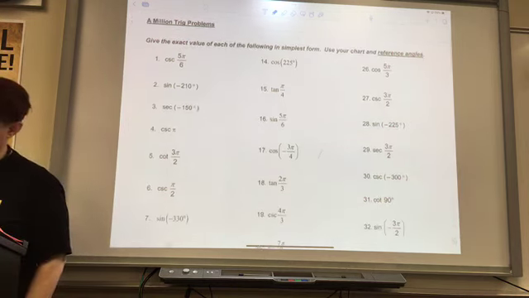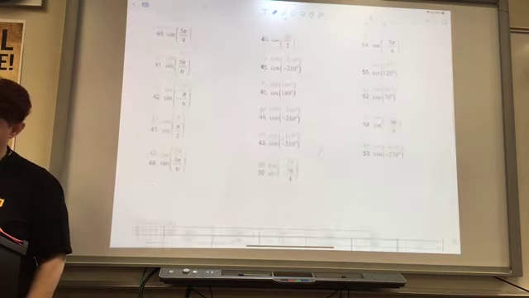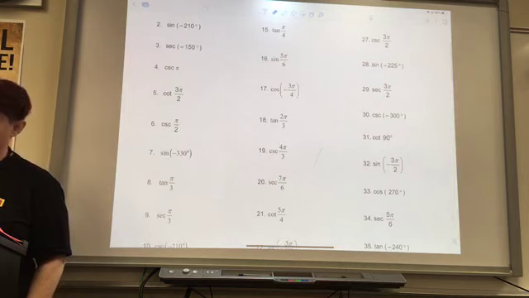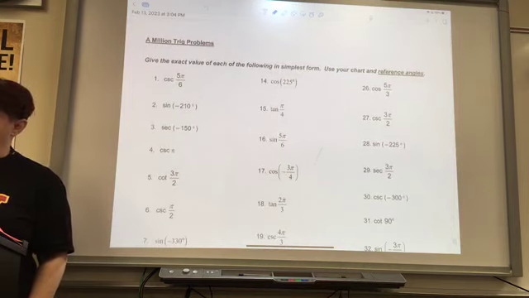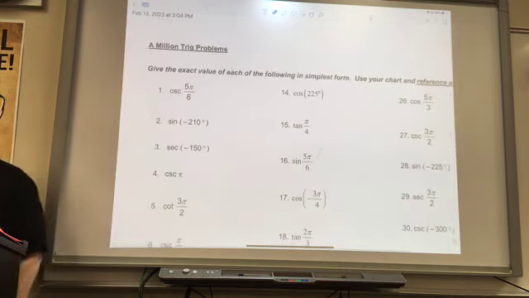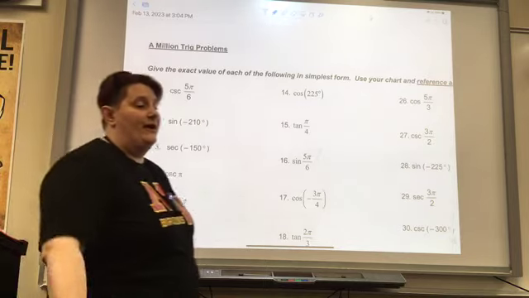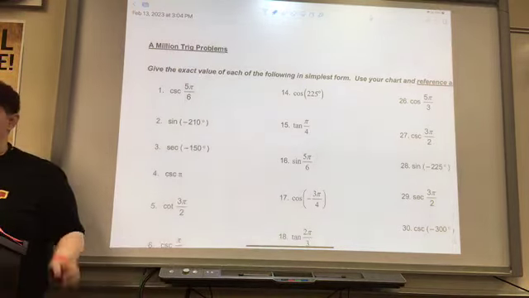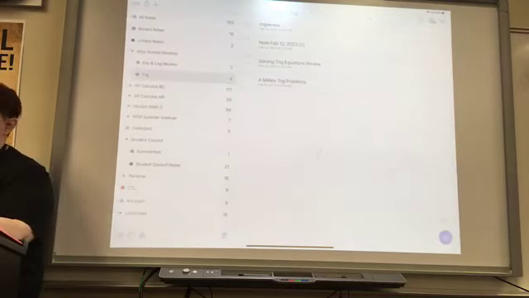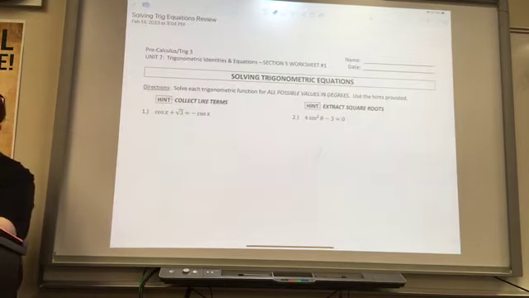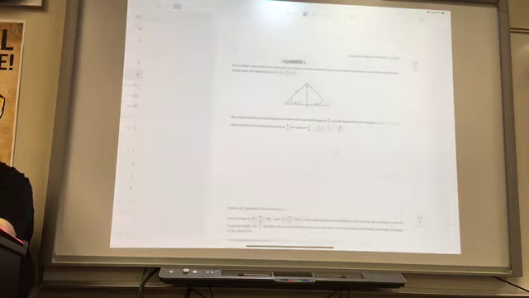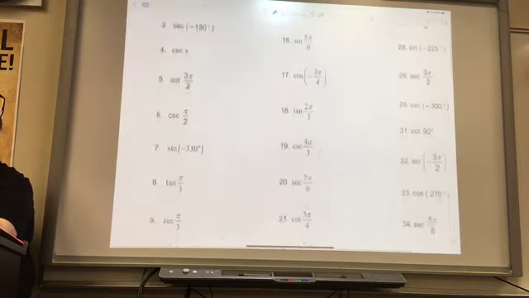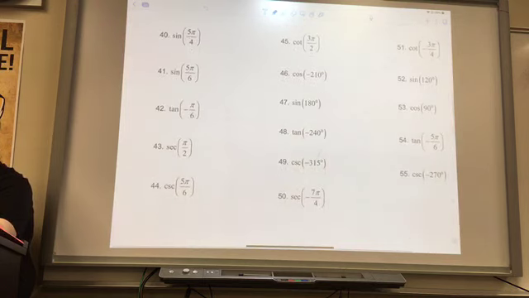Now I'm going to show you, you can get really fast at this. Once you make your little best friend chart, and you have to evaluate anything, after today, no matter what I give you, you need to be able to evaluate it quickly. Degrees, radians, positive, negative, I don't care.